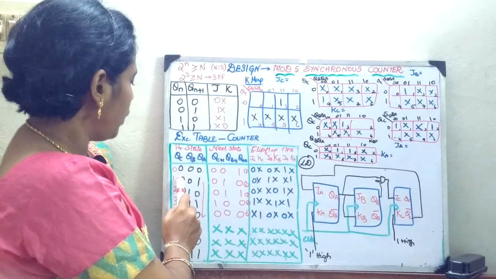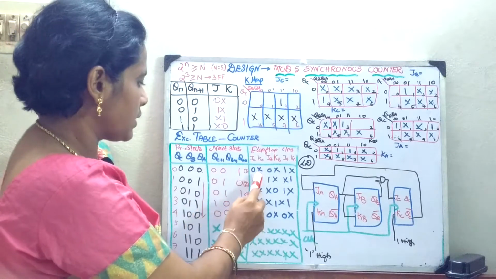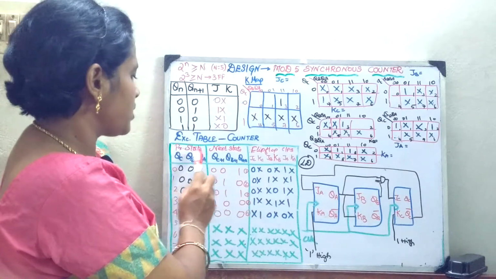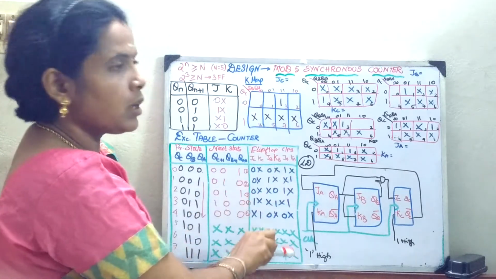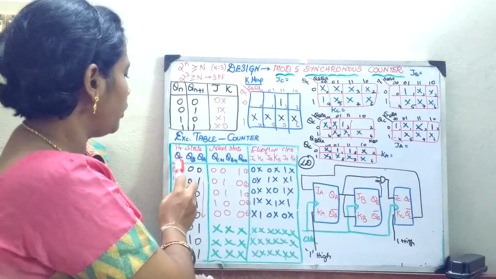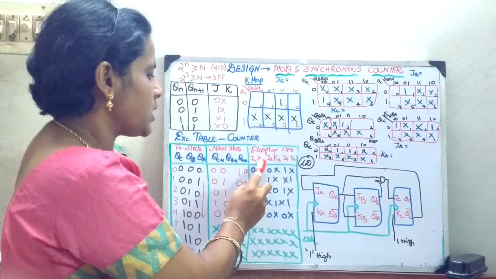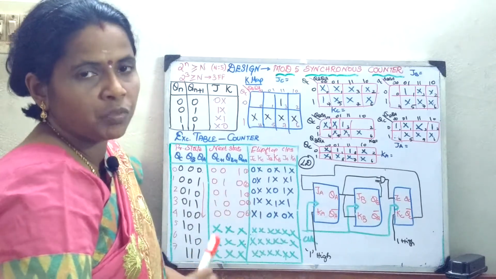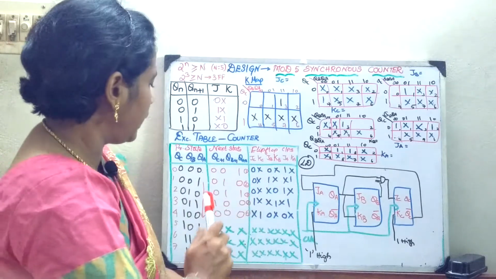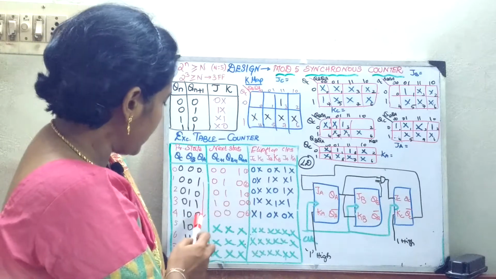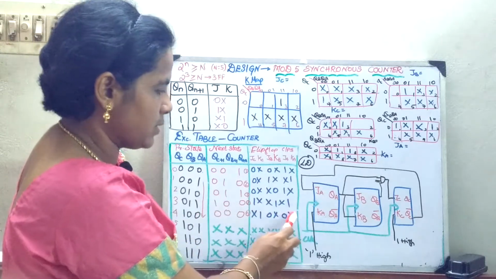Let us take one more variable: 0 0, so 0x. In this fashion, take the present state and next state and write the corresponding flip-flop inputs. Suppose I take QC and QC plus 1, then I can write my JC and KC inputs. In this fashion, you have to fill up the entire table. Suppose I take the last value, 0 0 means 0x.